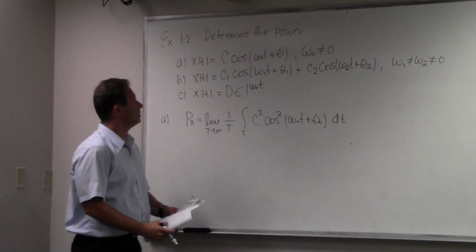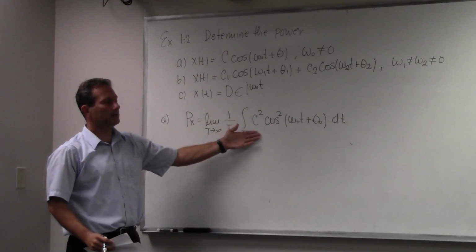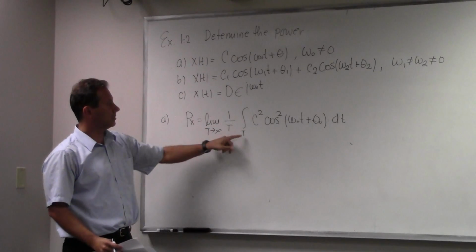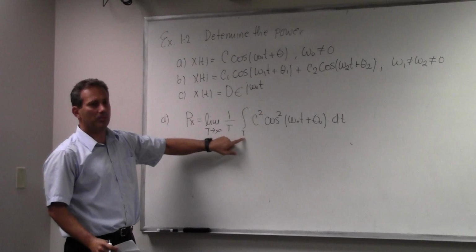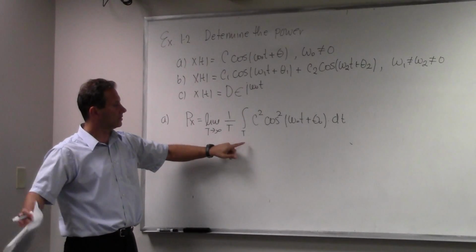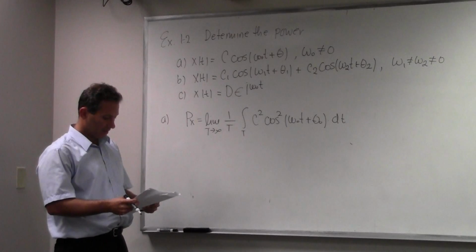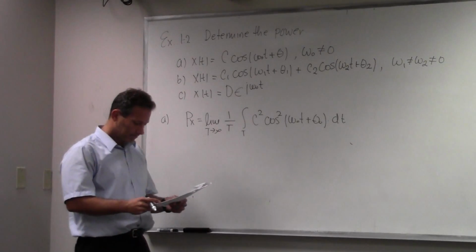So what did I do? I took the first signal, squared it, and put it inside this integral, and then I'm integrating over a period of length T, and I'm dividing everything by time to get average energy per time.